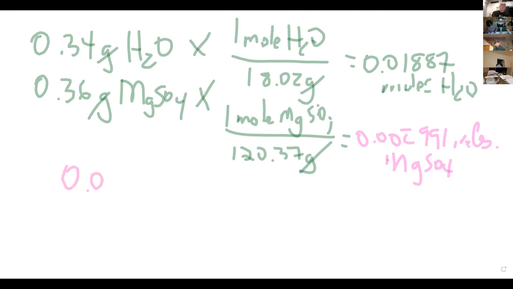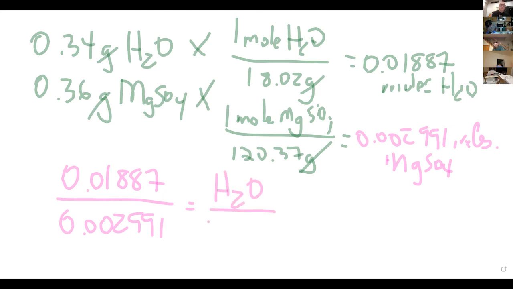So 0.01887 divided by 0.002991 is my ratio of water to magnesium sulfate.